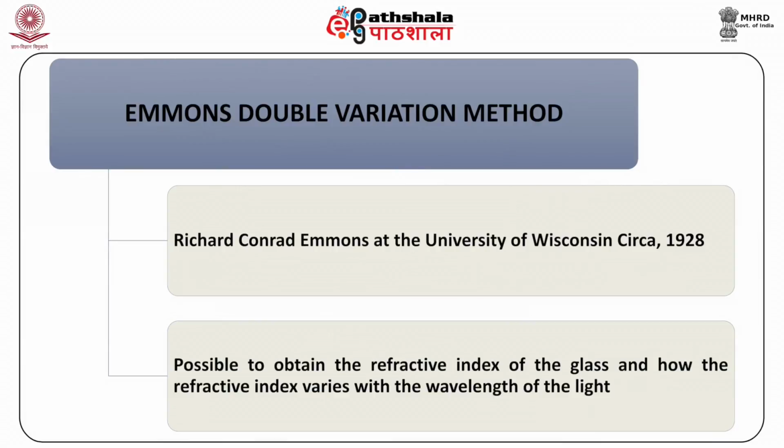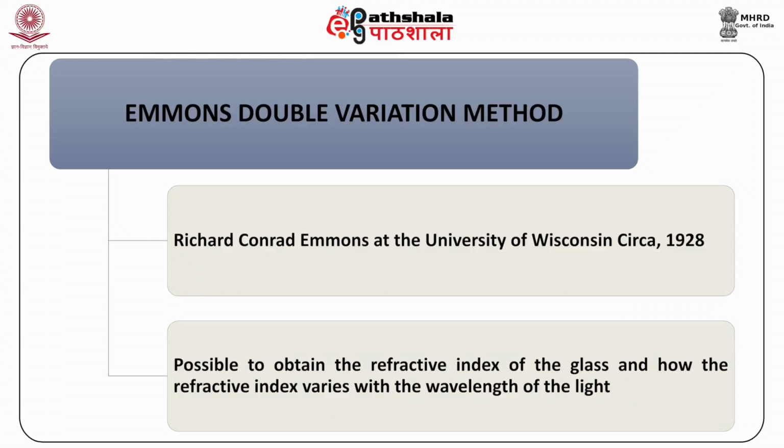The most common and the oldest method to measure the refractive index of glass to date has been the Emmons double variation method. This method was developed by Richard Conrad Emmons at the University of Wisconsin circa 1928.